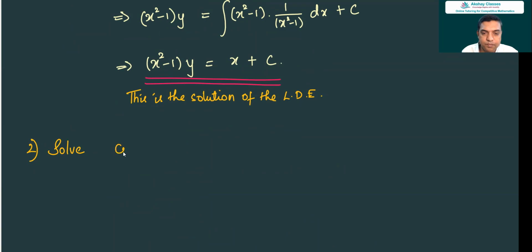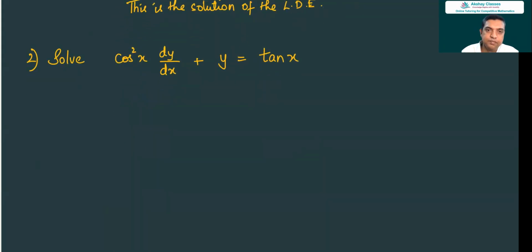Solve cos²x dy/dx + y = tan x. So again, dy/dx and y appear in separate terms and are of degree 1 and they're not multiplied together.